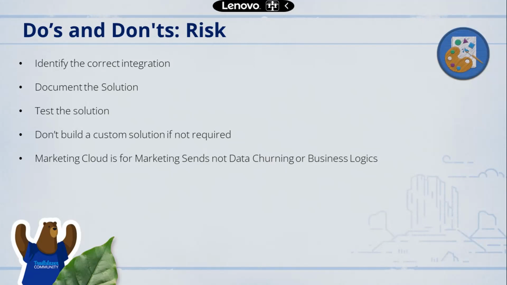Otherwise, don't build it. Use the methods provided by Salesforce, and see to it that Marketing Cloud is used for Marketing Cloud purposes, and not for data churning or business flow operations. Marketing Cloud is mainly for your communication, your marketing, journeys, campaigns, etc. that you want to do out of Marketing Cloud.